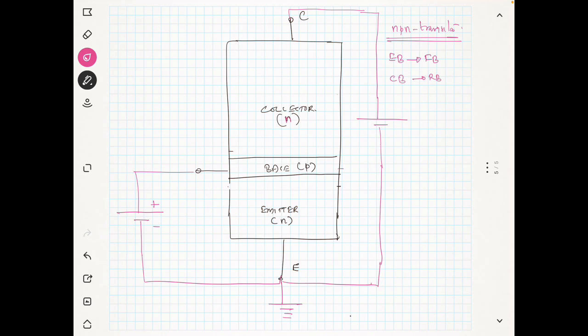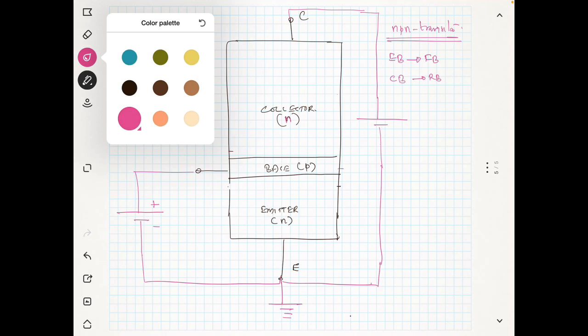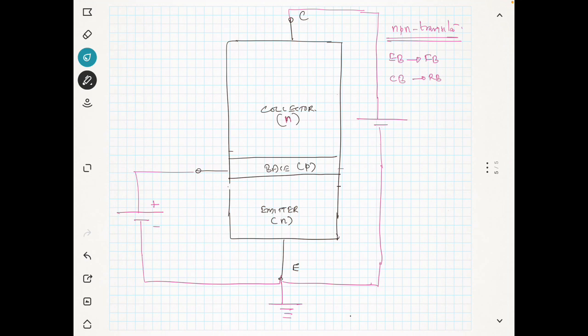But I told you the emitter base junction is forward biased. In order to limit the current, we have to limit it, otherwise the transistor will carry a very large current and sometimes it may get damaged. So this is the resistance we are going to connect here, known as RB, and this is the base and this is the emitter.